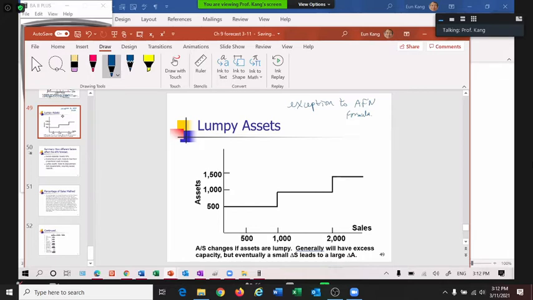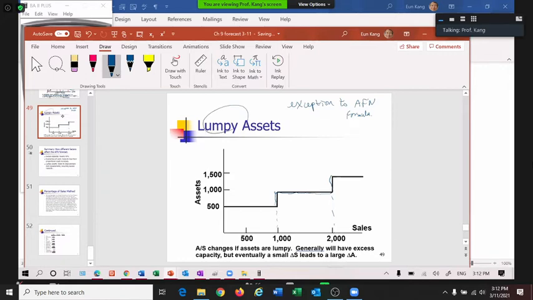And when they reach 100% utilization, they build a factory, let's say, and increase their assets. Bigger factory, they may operate first at 50%, 60%, and then finally 100%. Then they build another factory, something like that. We call it lumpy assets.